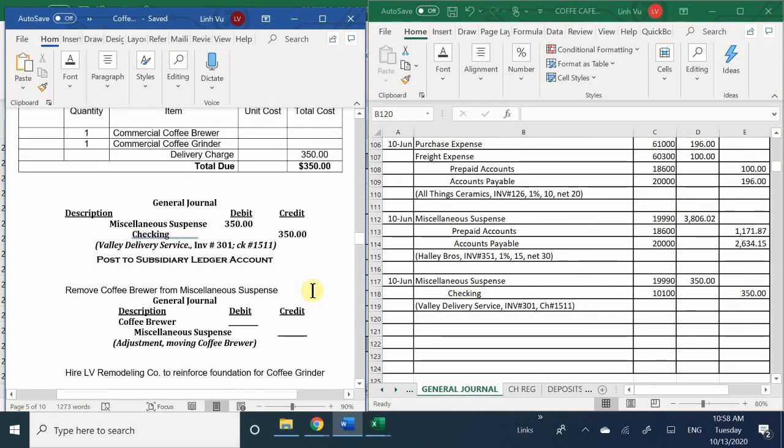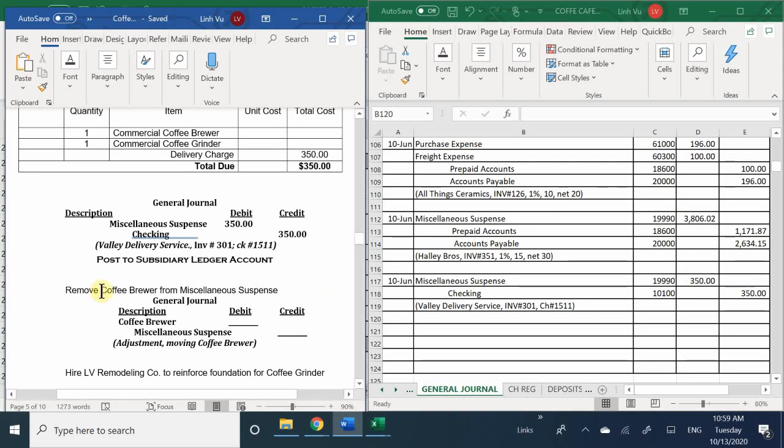Then what has happened next? Removing the brewer from miscellaneous expense. Correct. Therefore, we need to backtrack a little bit because now we need to start doing our calculations.